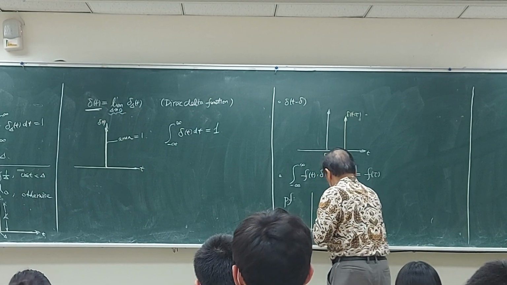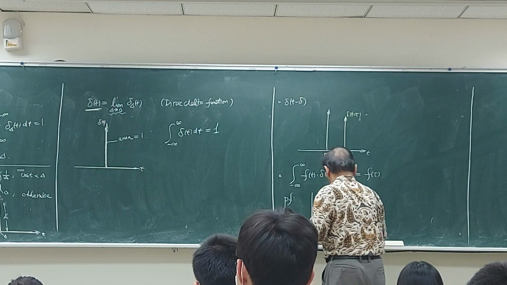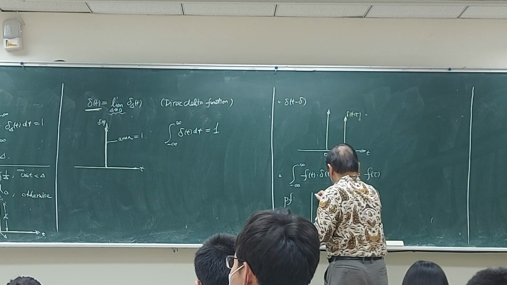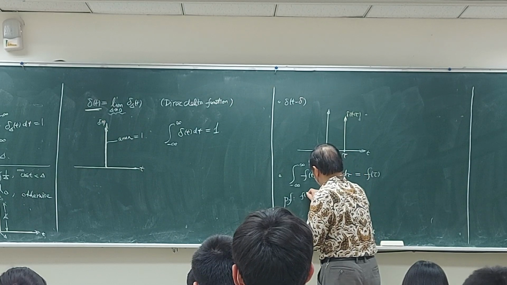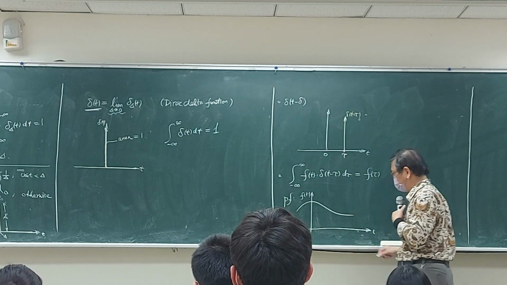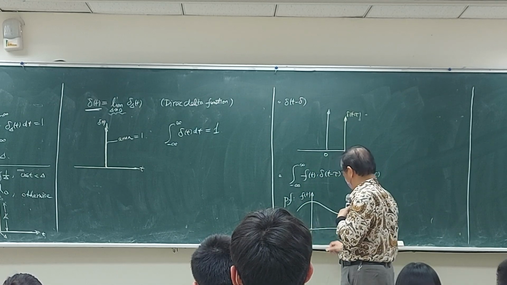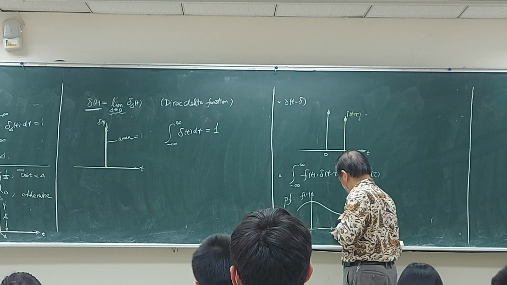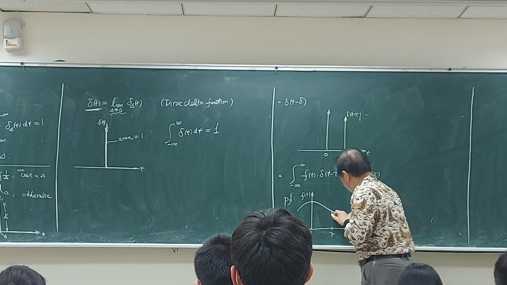So let me assume I have a function f of t first, an arbitrary function. And this is tau, so this is f of tau.